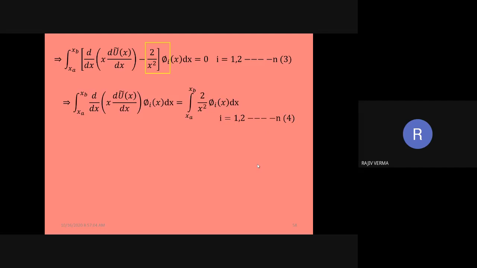So in equation number 4, we have transferred the known parameters to the right and the unknown parameters are on the left. Also notice that on the left and on the right, there are expressions of phi I present. So this is the ith equation. The value of I is going to vary from 1 to n to give you n simultaneous equations.